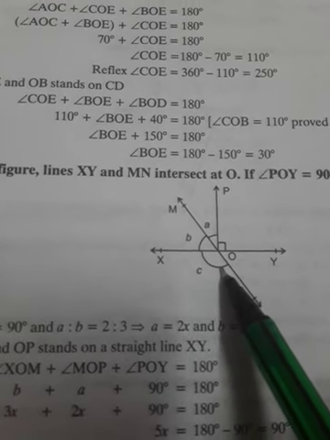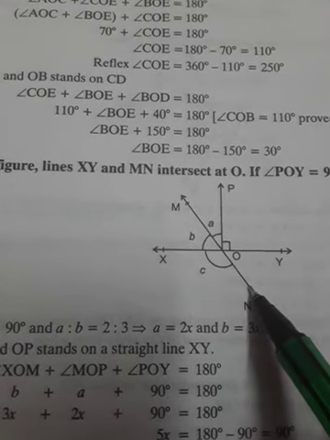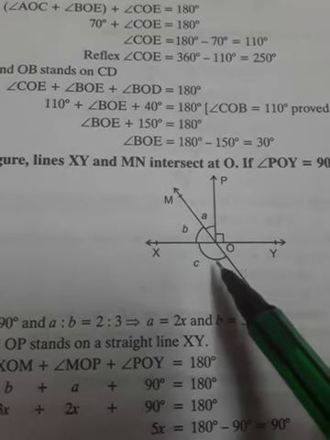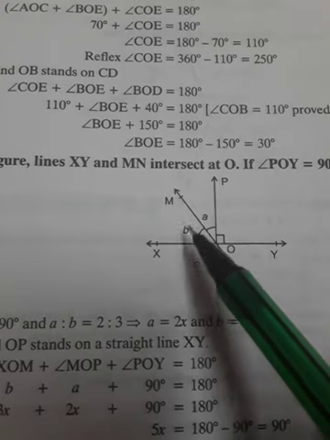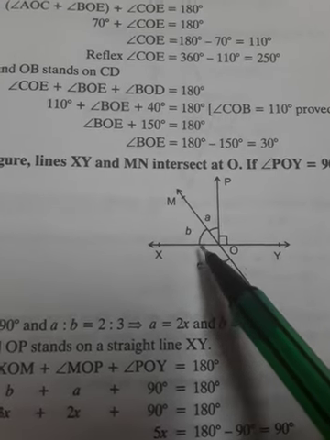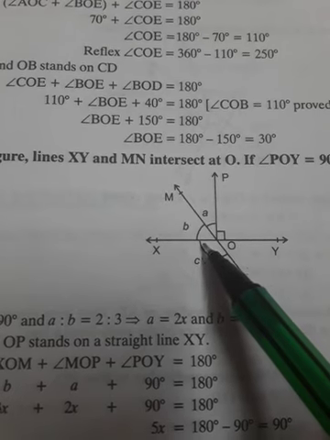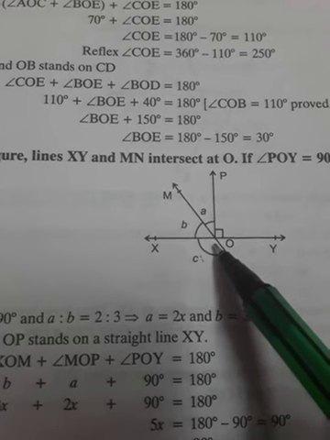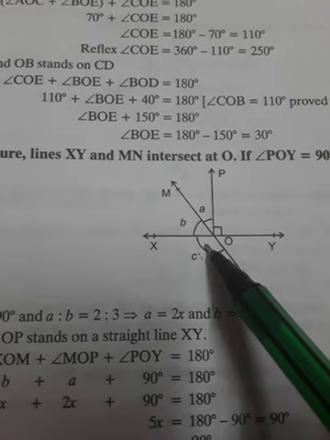Okay. Then we can consider the line MN. On this line MN, the angles B and C are there. So when we add B and C, what will we get? 180 degrees. This also we can write the reason as linear pair axiom or angles on a straight line are 180 degrees. Whichever reason you want to mention.